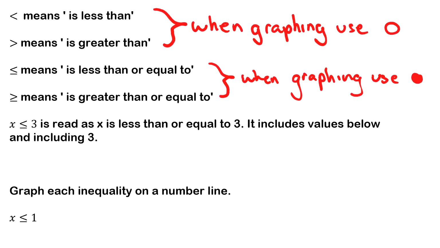When we have x ≤ 3, we read it as x is less than or equal to 3, and it includes values below and including 3. If we only had x < 3, it only includes values below 3, but not 3. It's important to note that.